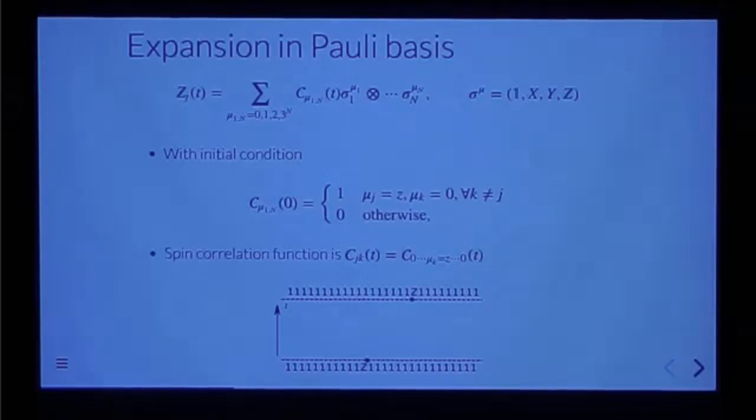If we want to start from a single Z operator at one site, then all of the coefficients are equal to 0 except for one, which corresponds to identity operators everywhere except for one site where we have a Z. That's our initial condition, and we evolve that. The C's evolve, and then to evaluate the correlation function, we pick out one final coefficient, which corresponds to all the operators being the identity except for one at site k, and that's our correlation function. Okay, so that's the thing we want to calculate.